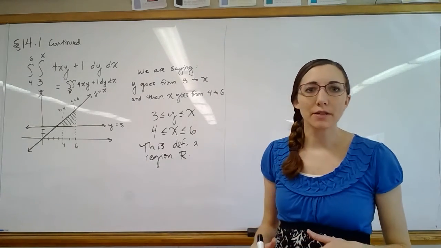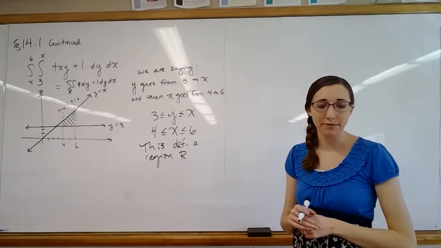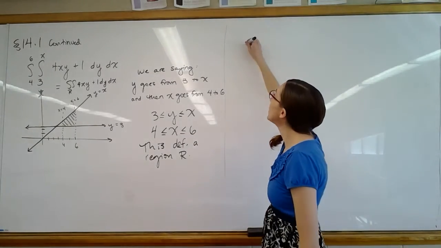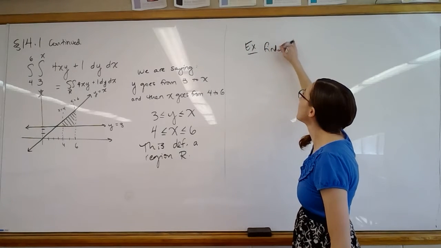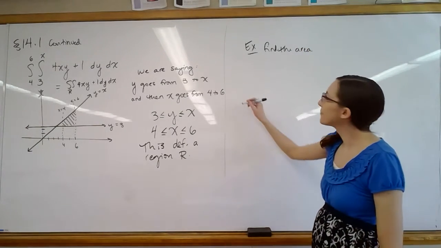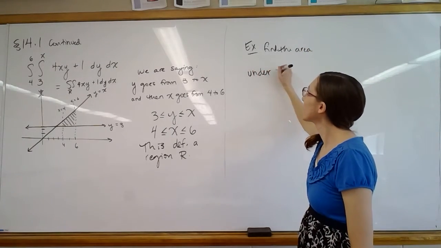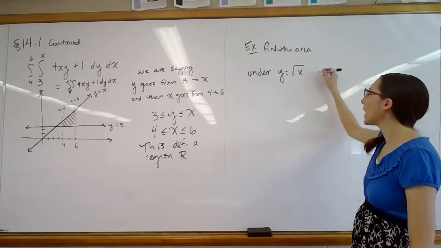We can now find areas between curves using a double integral. There's just a different way to do it. So for example, if we wanted to find the area under y equals the square root of x from 0 to 9.